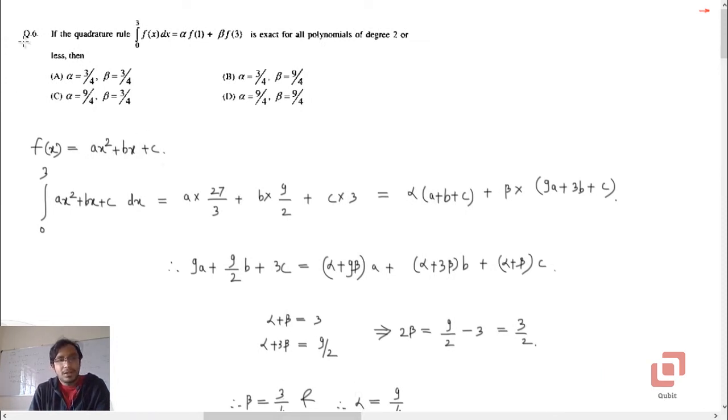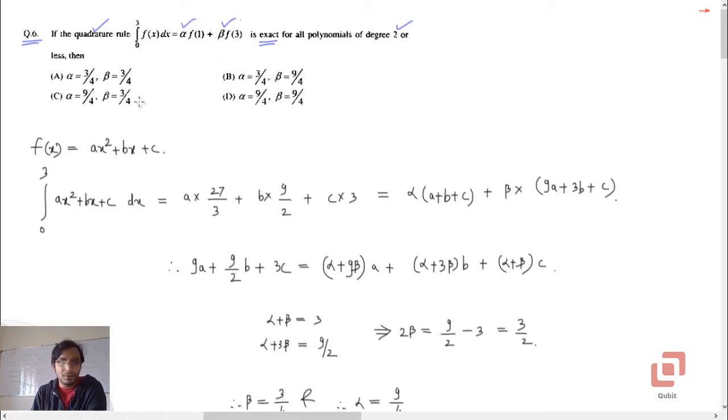This is based again on integral calculus of single variable functions, but not the improper integral part. If the quadrature rule, integral 0 to 3 of f of x dx, is alpha times f of 1 plus beta times f of 3, and is exact for all polynomials of degree 2 or less, then we have been asked to find the values of alpha and beta.